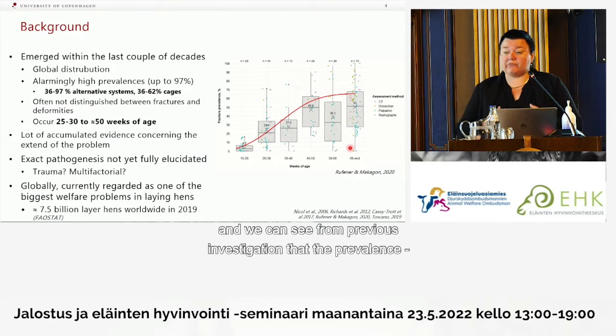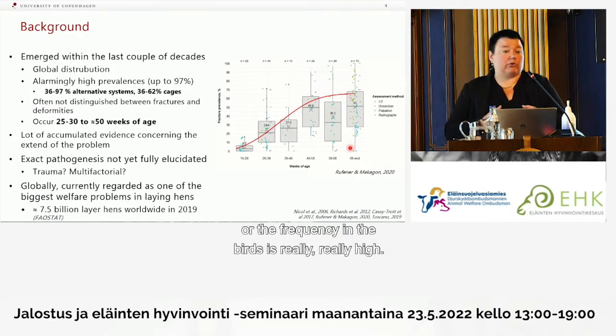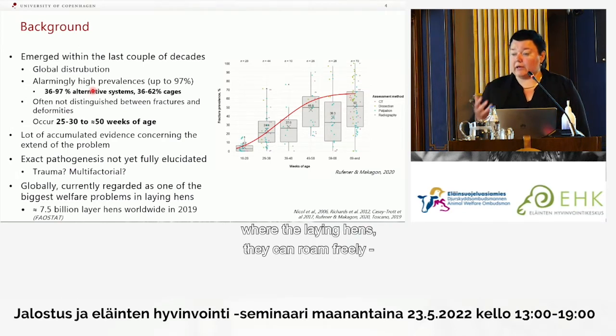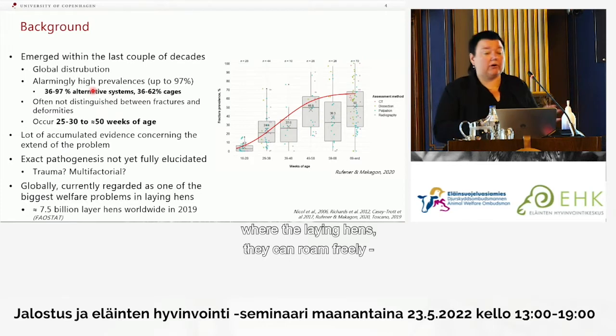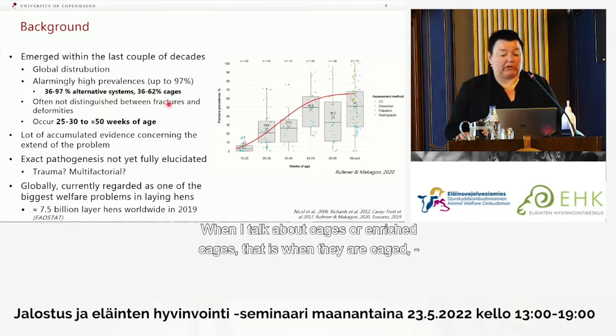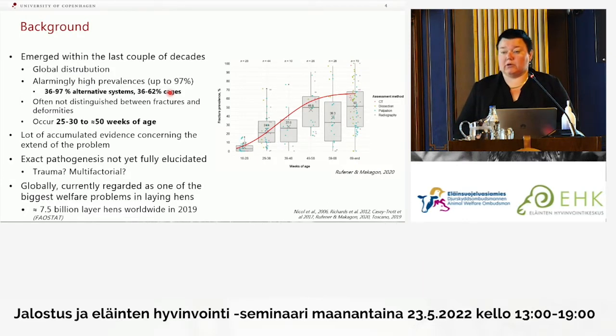And we can see from previous investigations that the prevalence in the birds is really high. When I say alternative systems, that is where the laying hens can roam freely with or without access to outdoor areas. When I talk about cages or enriched cages, that is when they are caged so they cannot roam around freely.